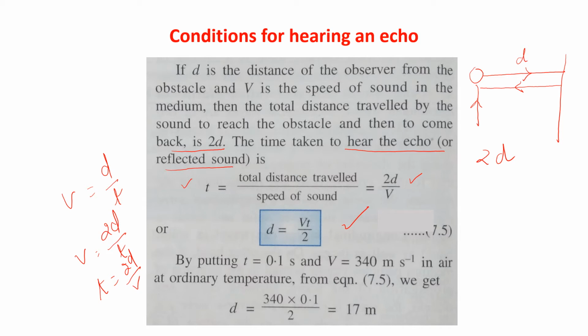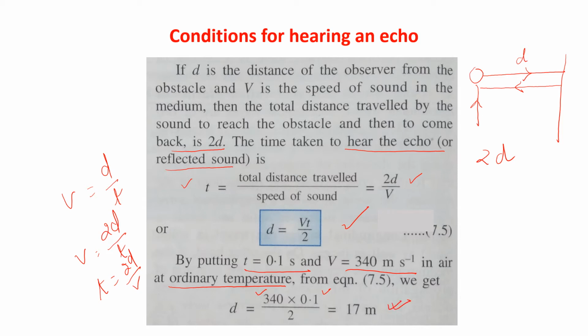Now put the value of t equal to 0.1 second and v equal to 340 meter per second, because the speed of sound in air at ordinary temperature is 340 meter per second. If you put the values for v and t, you get the distance as 17 meter.